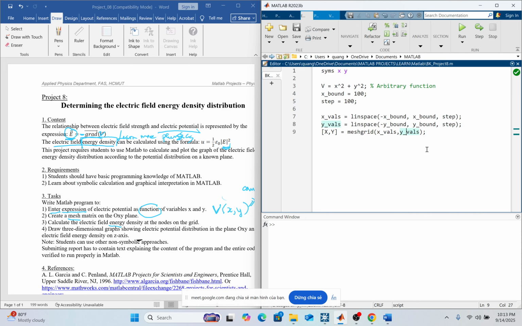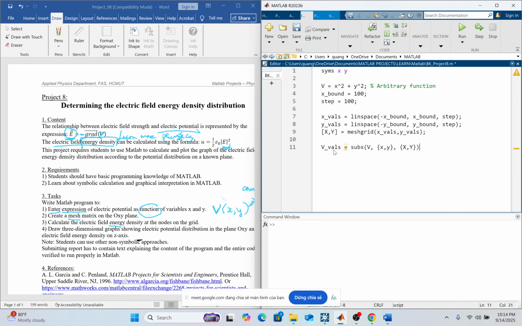Then what do you do? You would like to substitute every point in this set into your v function, right? So that you can have a set of v values, the potential electric values of all the points you created here, and you will say v values will equal subs v, x, y, x, y.